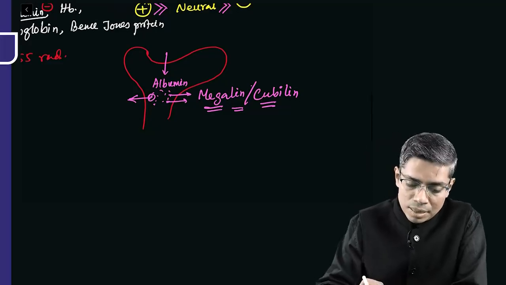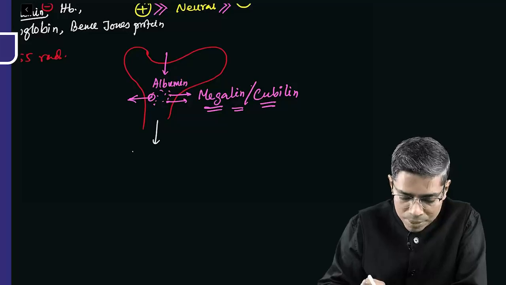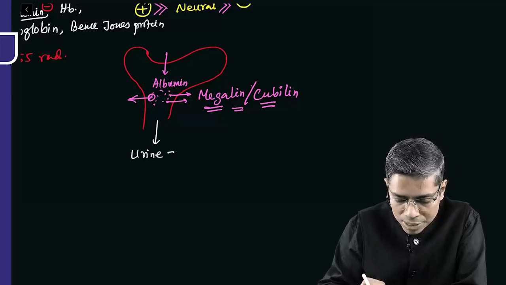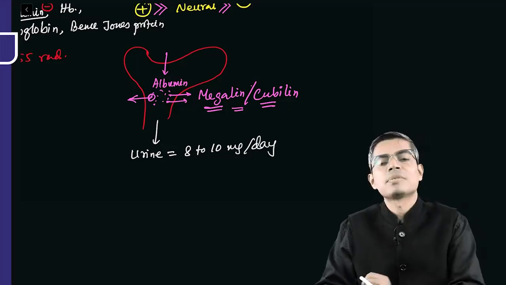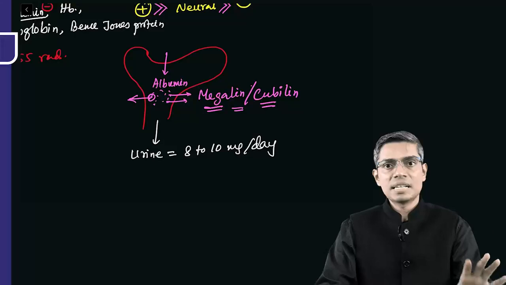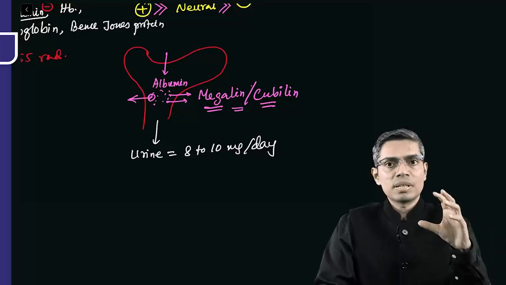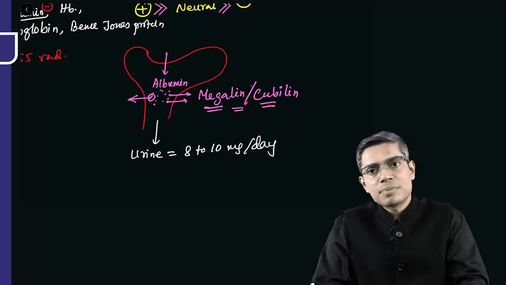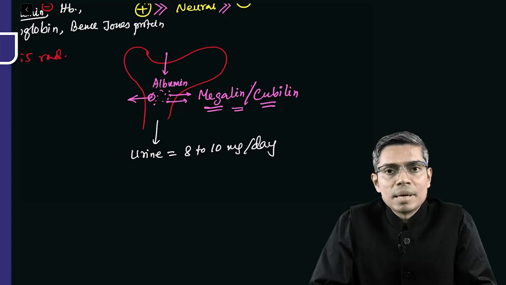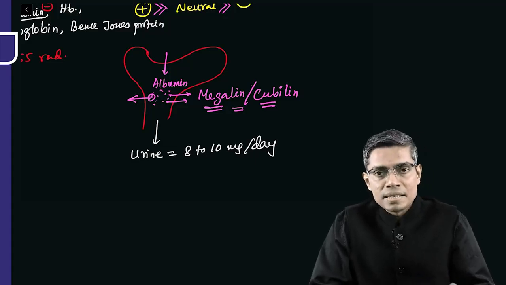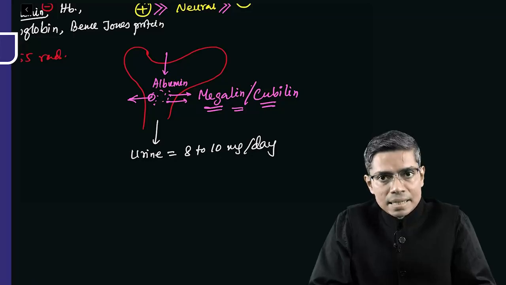Because of this receptor-mediated endocytic reabsorption, the amount of albumin ultimately present in your urine normally is only 8 to 10 milligram per day, very small in amount.